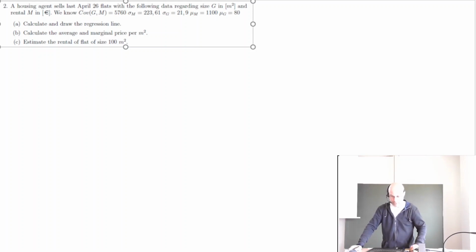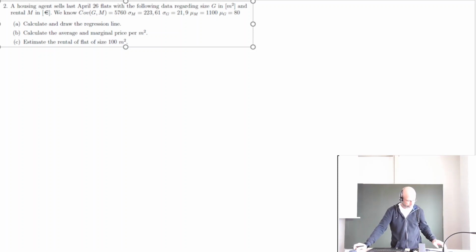The standard deviation of the rental is 223.61 euros, the standard deviation of the size is 21.9 square meters, and the average rental is 1,100 euros, and the average size 80 square meters. So we want to calculate the regression line.